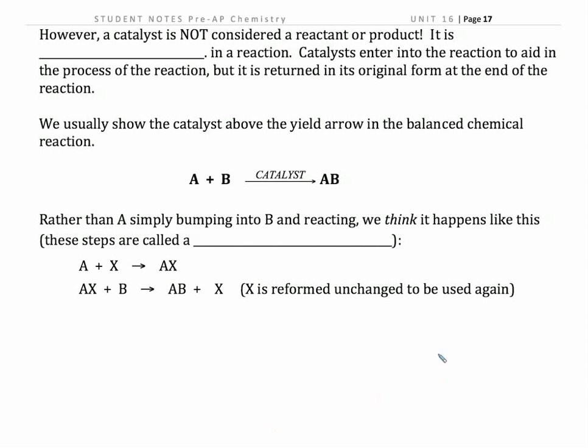Okay? So a catalyst, and these are some important considerations, is not considered a reactant or a product. It is not consumed in the reaction at all. It may change a little bit in the middle, but how it starts out at the beginning is exactly how it forms at the end.